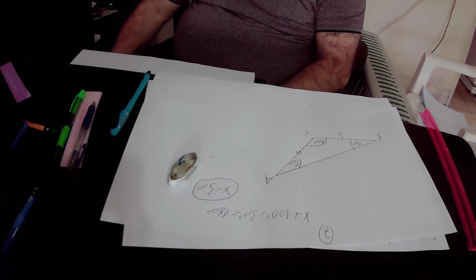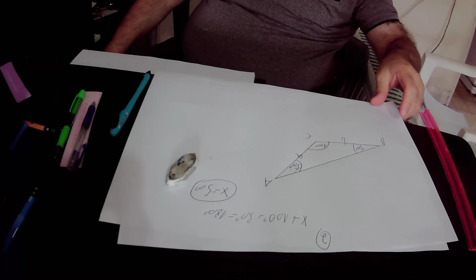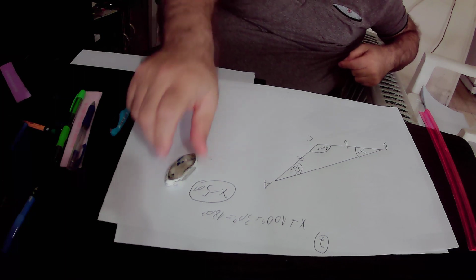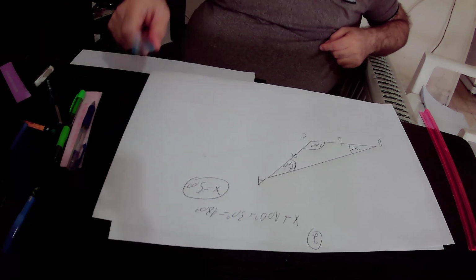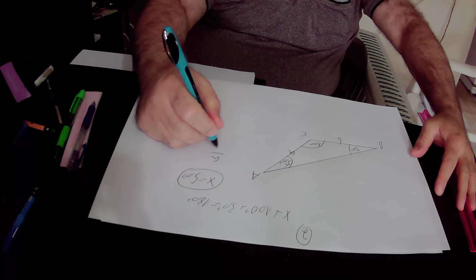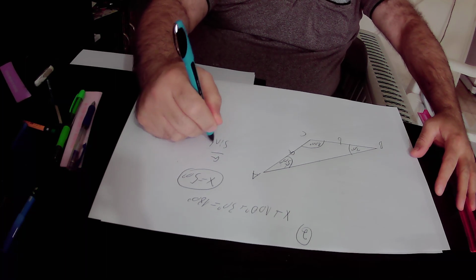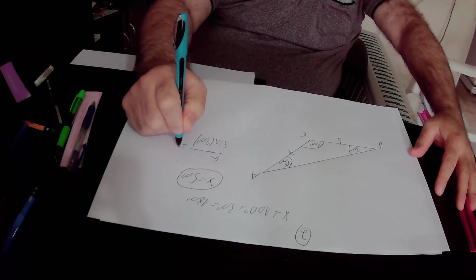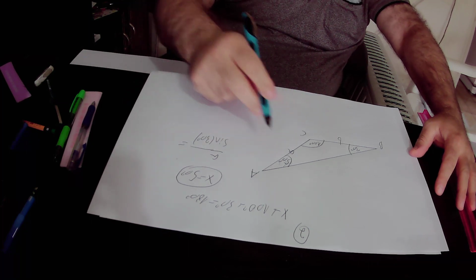According to the law of sines, A over sine 30 degrees equals B over sine 50 degrees.